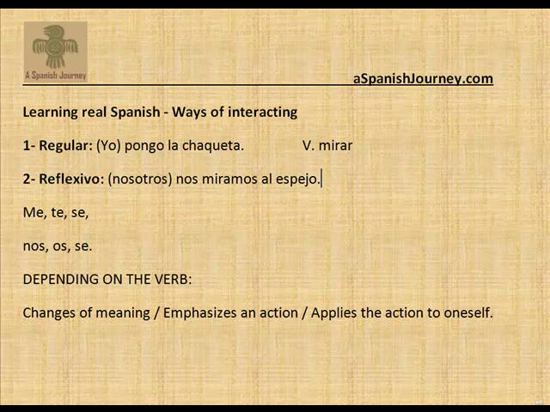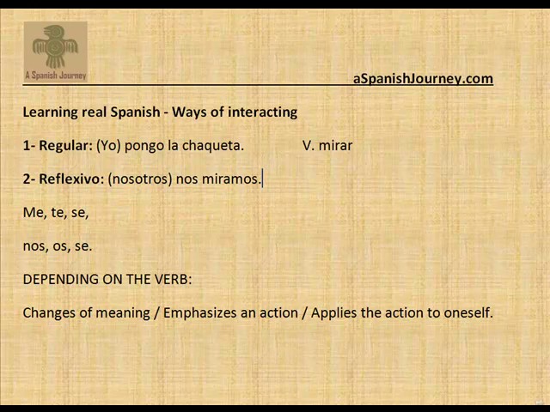Nosotros nos miramos al espejo means we look at ourselves in the mirror. Okay, so each one of us is looking at the mirror and we're looking at ourselves. But if we say, let's say, nosotros nos miramos only, that means we look at each other.